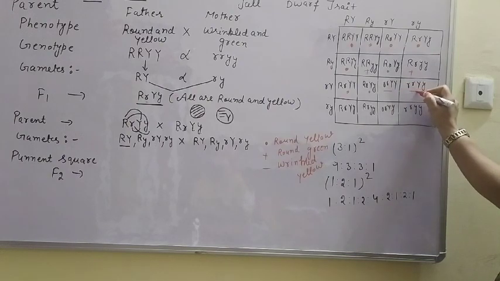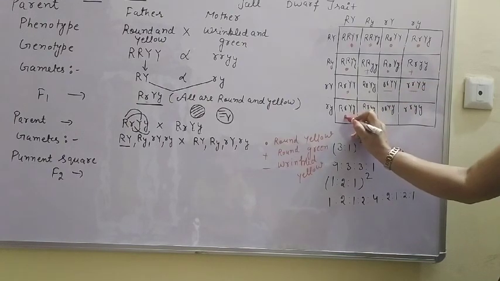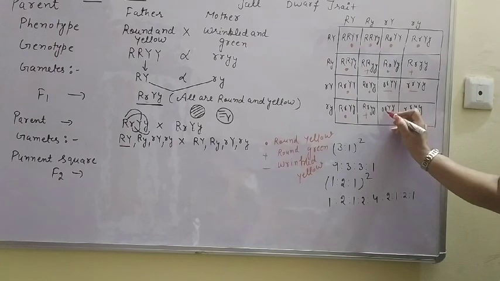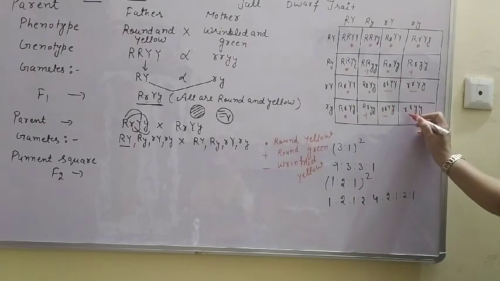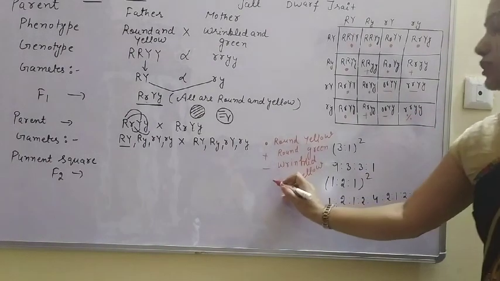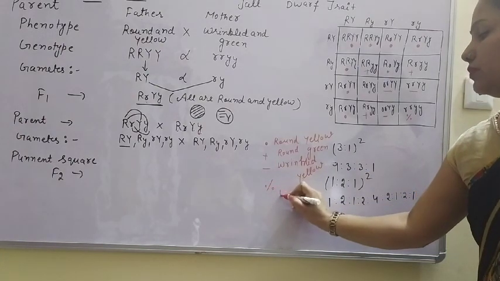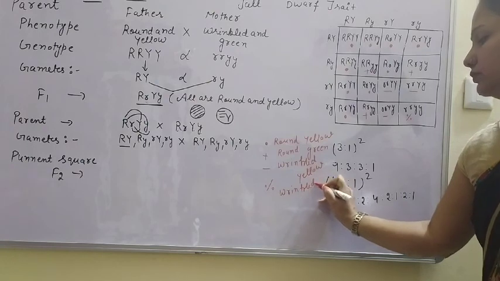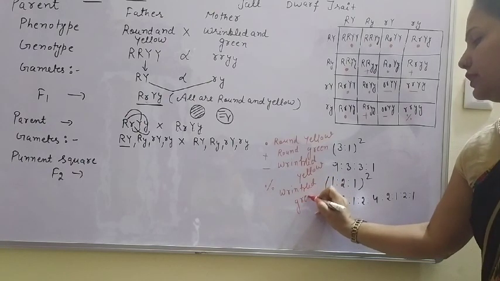It is also wrinkled yellow. It is round and yellow. It is round and green, and for round and green, the positive sign is there. And it is wrinkled and yellow, and it is wrinkled green. So for wrinkled and green, I am giving the percentage sign. So that is the percentage sign for wrinkled and green.